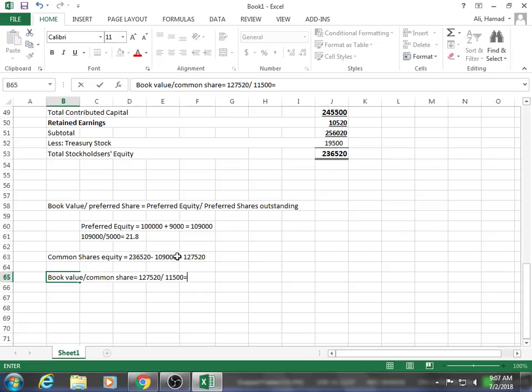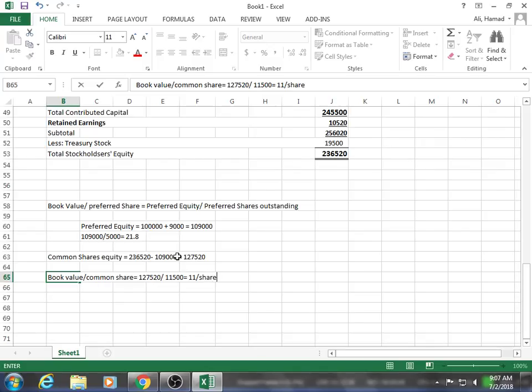So the book value per share is $11.08. Just say $11 per share.